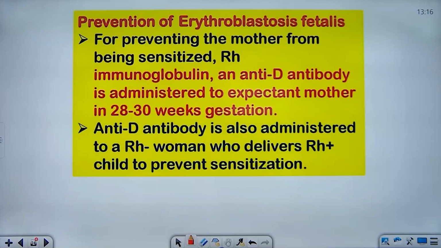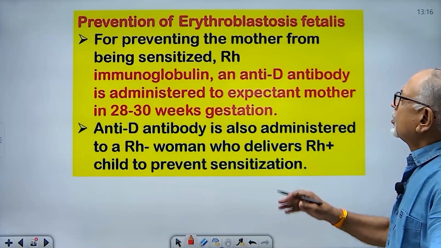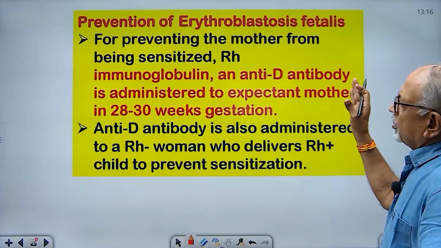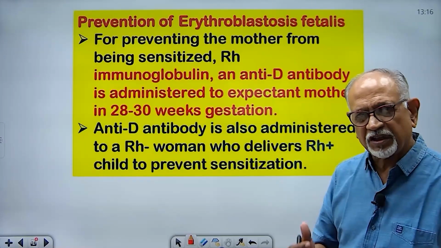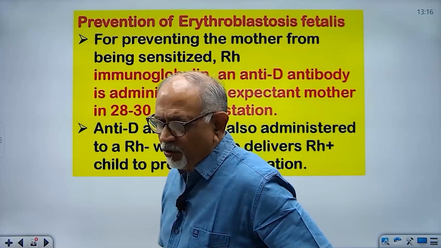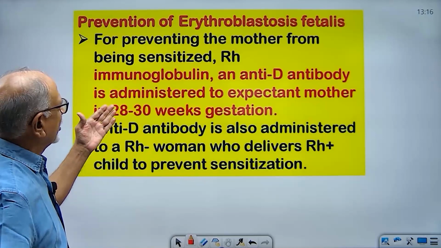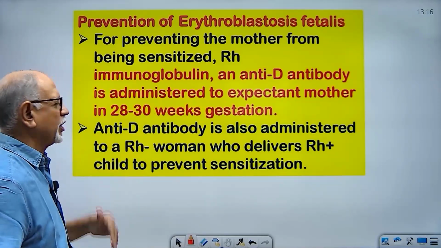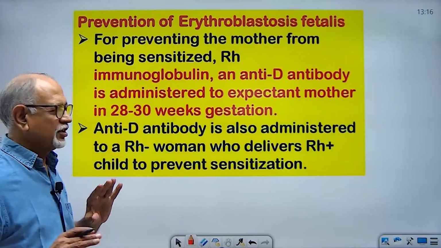Now, for prevention of erythroblastosis fetalis, the mother is prevented from being sensitized to Rh antigens. For that, immunoglobulin, that is anti-D antibody, is administered to the expectant mother at 28 to 30 weeks of gestation.